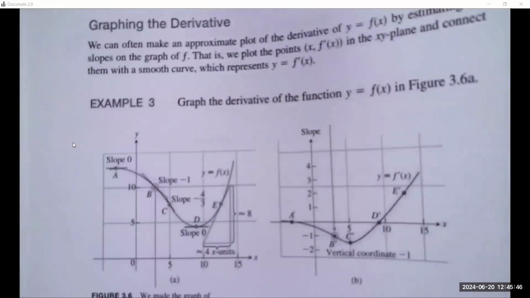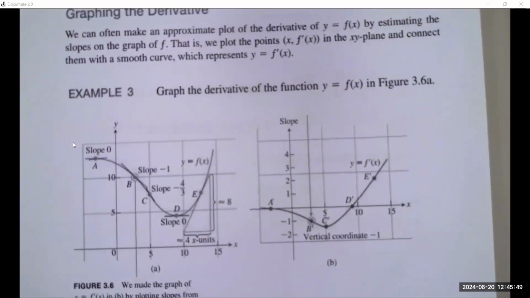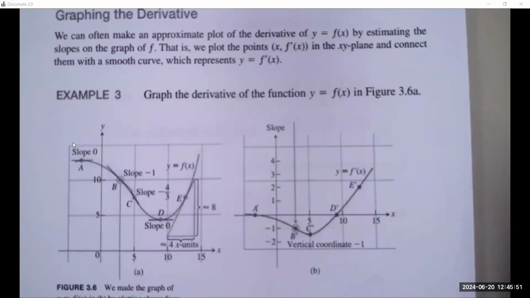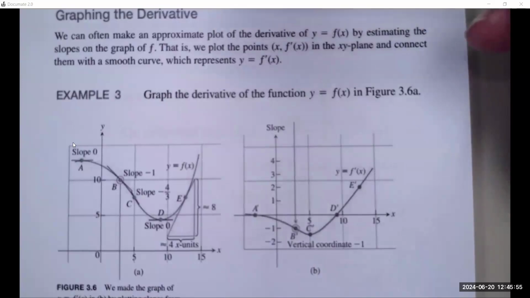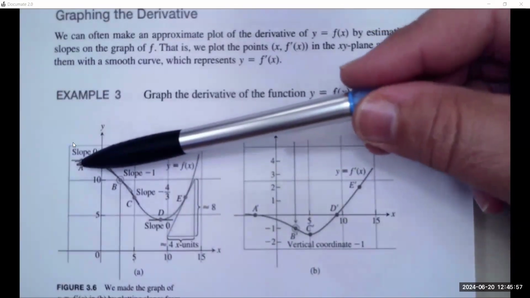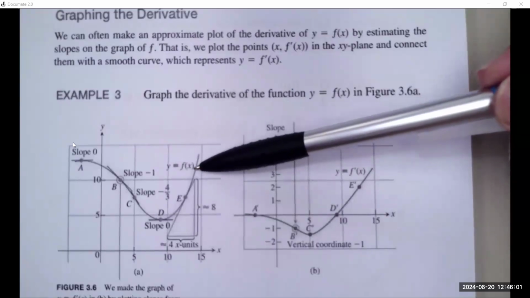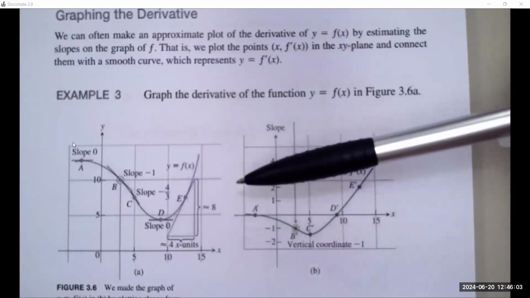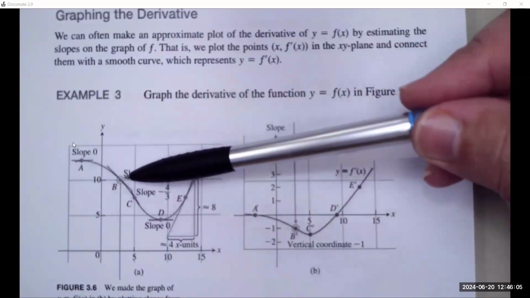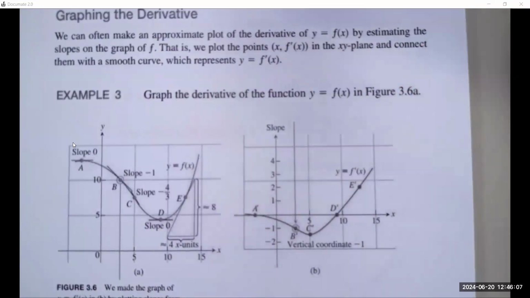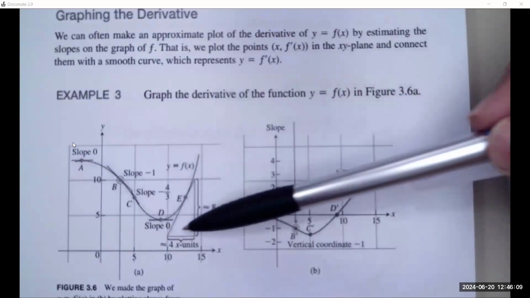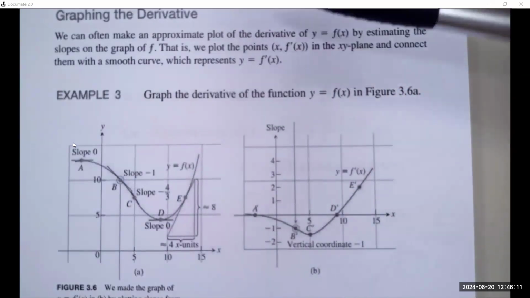What I'm saying here is this. Look at this example. In this first graph, we have our function. This, as you said, is defined as our function f of x. Each of these dots are certain points. They each have their own slope. Remember, the slope is the first derivative.